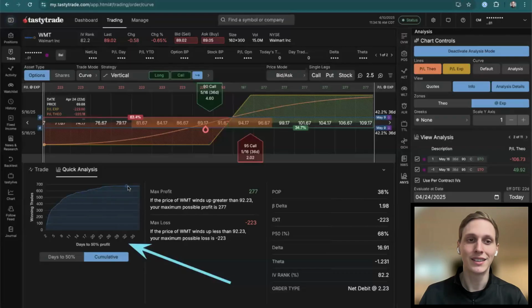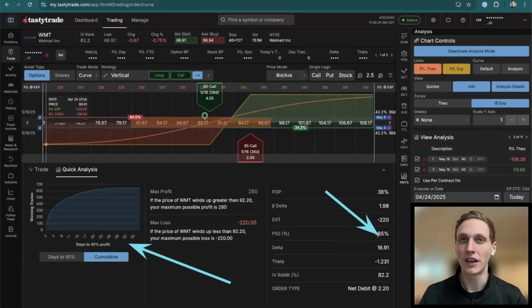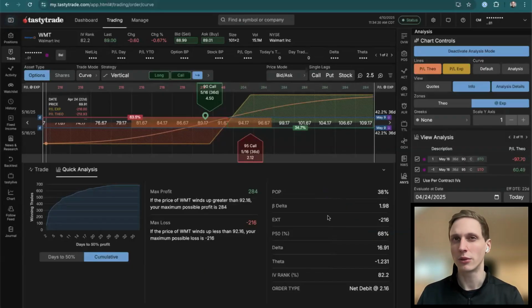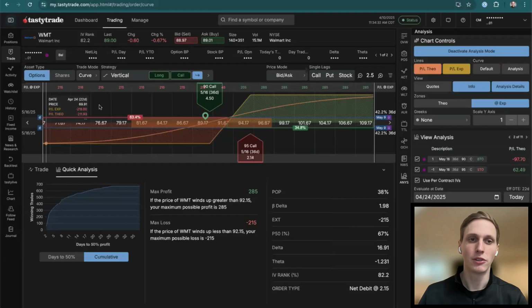But you'll see that 670 or 680 divided by 1,000 is giving you that P50 of 65, 66, 67%. So that's just a little graphical representation of P50 if you're interested in looking into that metric.